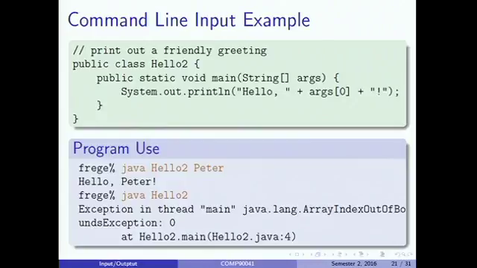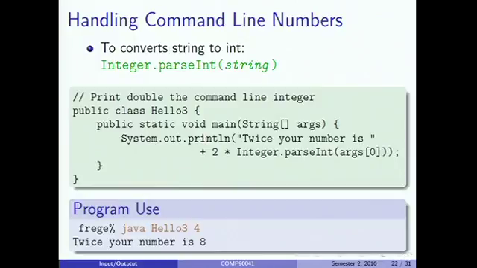For most of the project submissions and for the assessed labs, almost all of them expect command line inputs. So if your program isn't doing the right thing, one place that you might have gone wrong is not handling the command line inputs. Yeah, that's one easy way to go wrong.